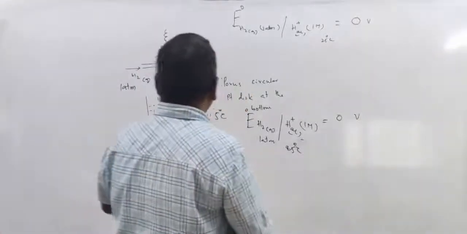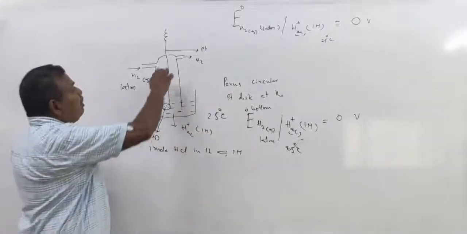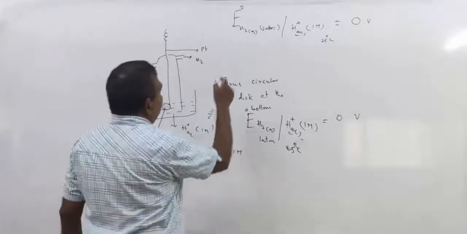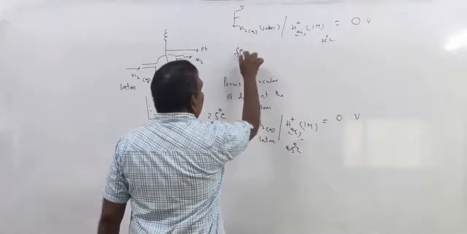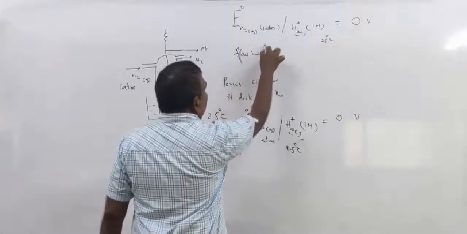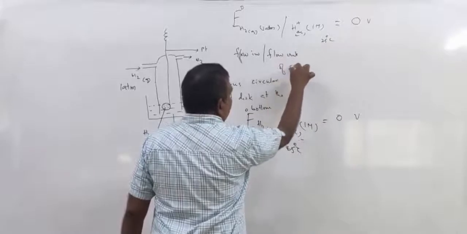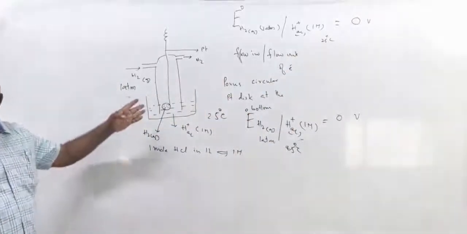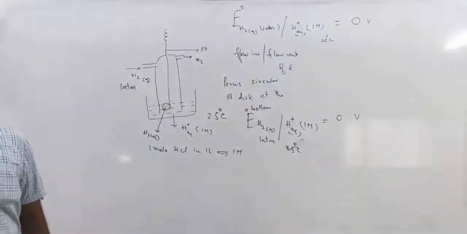Now, what is the use of platinum? Because hydrogen gas is not a conductor of electricity. So the platinum wire will act as a path for flow in or flow out of electrons. Here, the hydrogen electrode is also a reversible electrode.